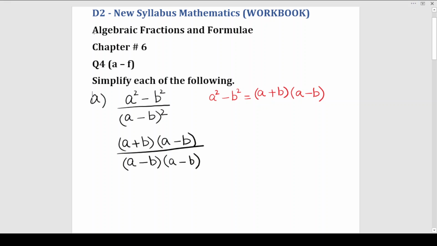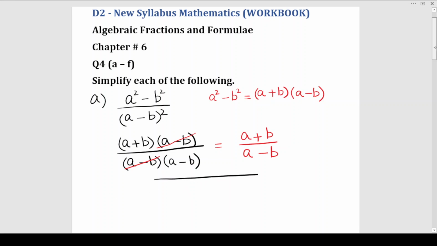We can cancel the same ones, and after that your final answer will be (a plus b) by (a minus b). You cannot cancel the terms in the numerator with the terms in the denominator, so you cannot further simplify this. I hope you guys got it.